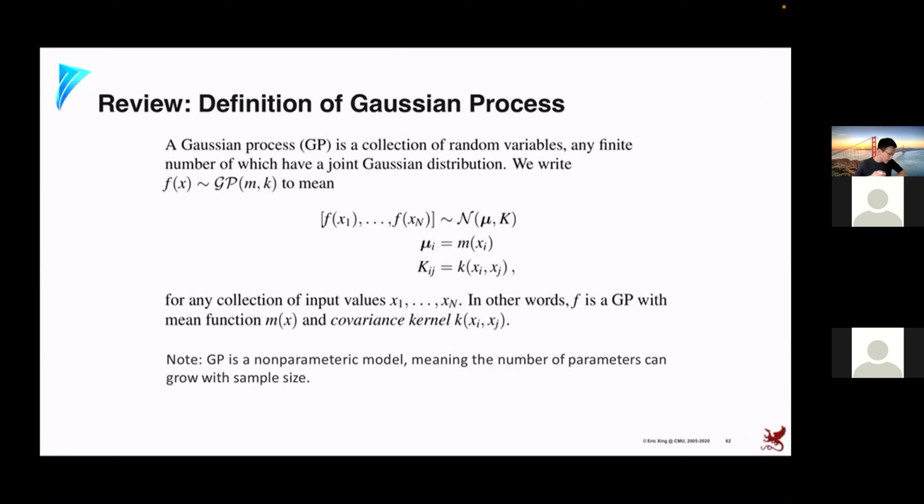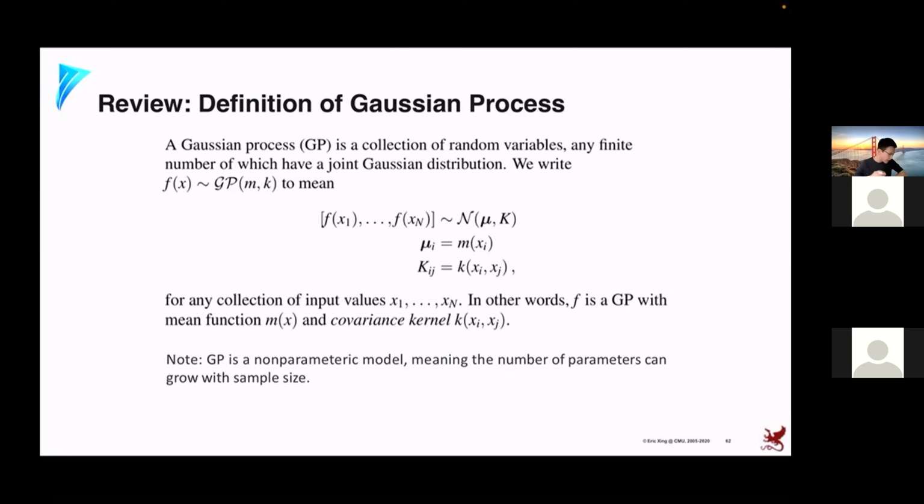In this case, the Gaussian distribution only needs two parameters, the mean and the covariance. The mean can be determined by the x value of these random variables you selected, and the covariance can be determined by a pair of x values that you selected.